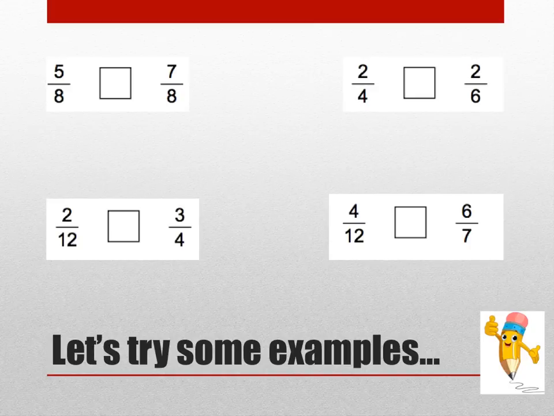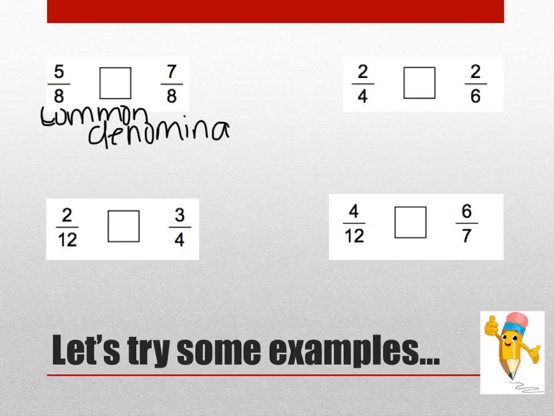Look at these examples. 5/8 and 7/8. 5/8 and 7/8 both have a common denominator. So I'm going to use the strategy common denominator and compare the pieces. 5 pieces of 8ths are less than 7 pieces of 8ths. 2/4 and 2/6 have a common numerator.